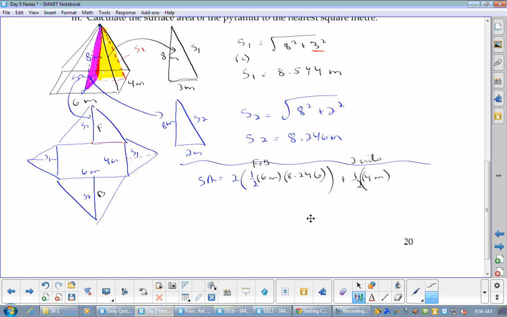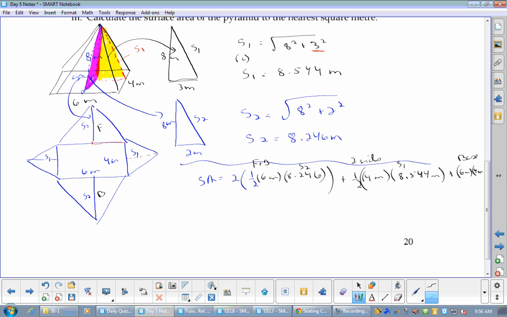So this was S2, this will be S1, and S1 is 8.544 meters, plus the base, which is 6 meters times 4 meters.